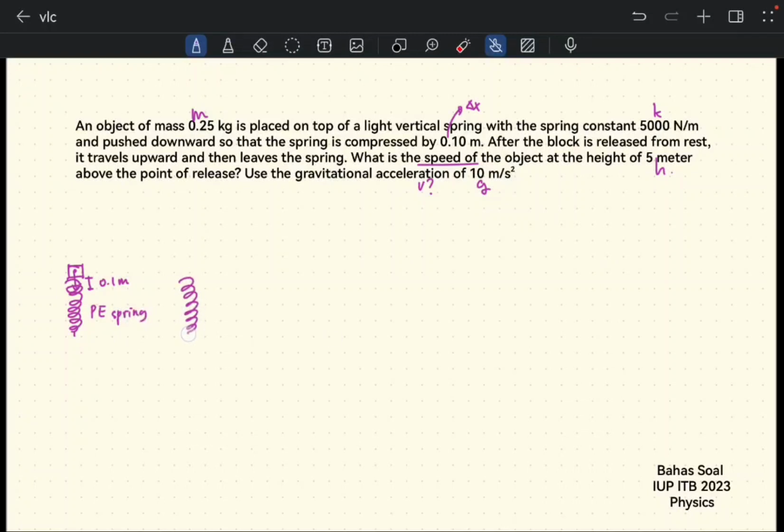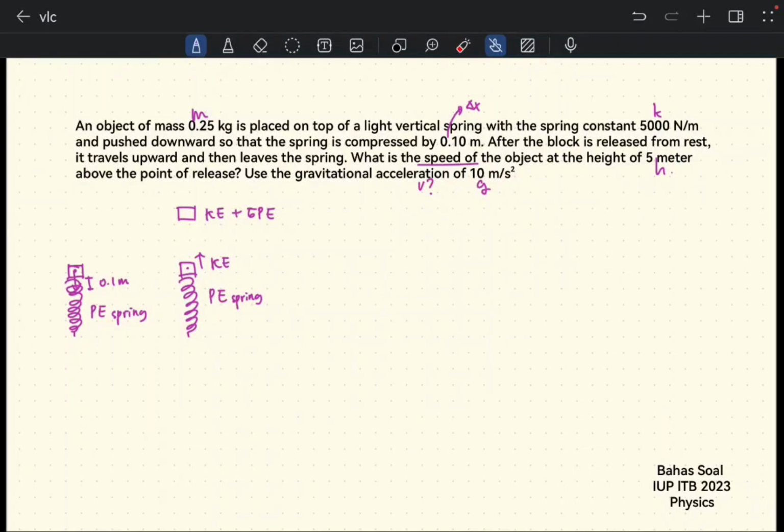And then we release the mass so the object can move upwards. The potential energy of the spring changes to kinetic energy, and then until the object reaches the height of 5 meters, the kinetic energy will decrease and turn into gravitational potential energy.